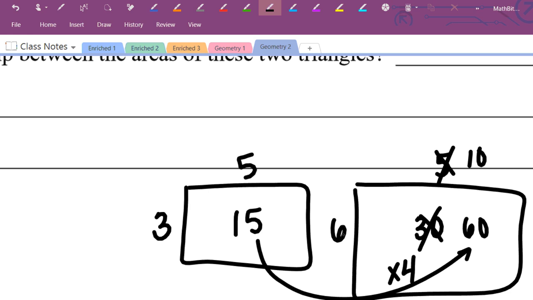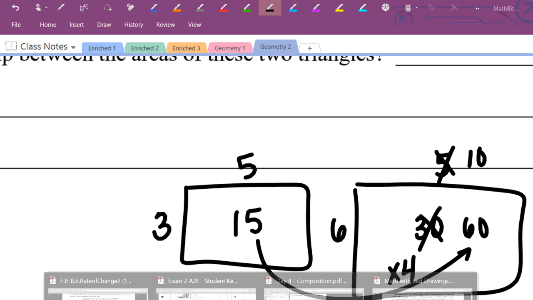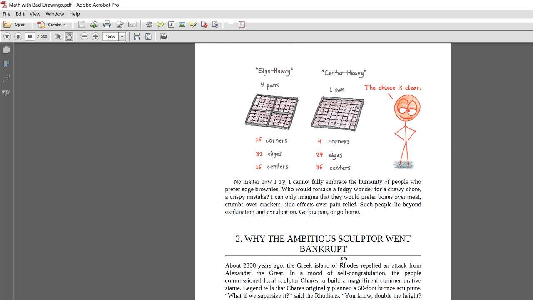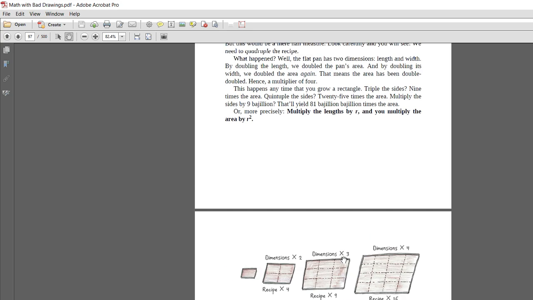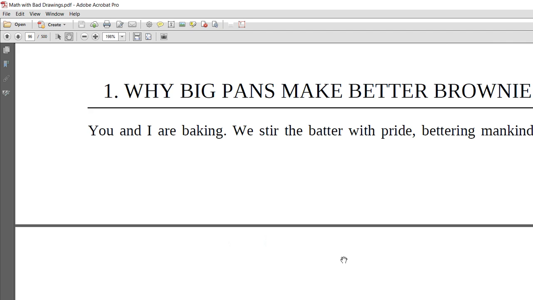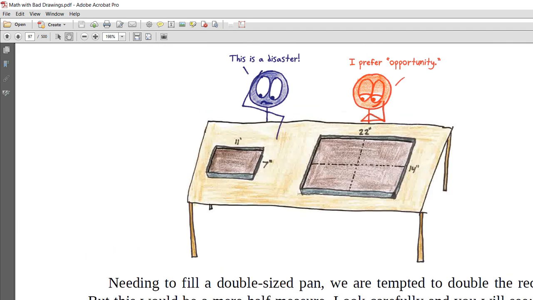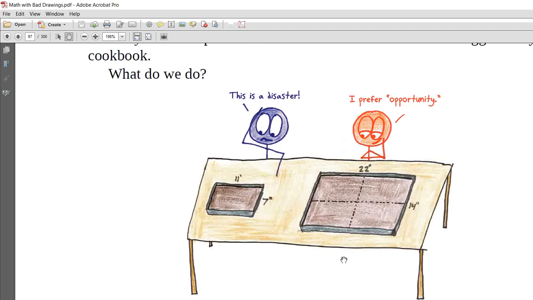And actually, one of the things we showed the other group from yesterday was making brownies. There's like a whole chapter on it. Because it's an easy way to get you to understand area and edges, inside values versus outside ones. Here's my original pan. It's 11 by 7.